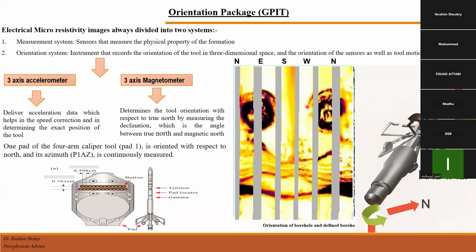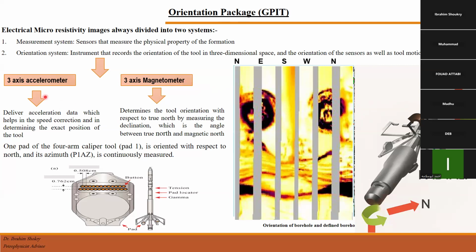It should be linked to this, ensuring that we have a correct alignment of the measurement. So in the measurement system, or the orientation package, we have three axes of accelerometer and three axes of magnetometer.